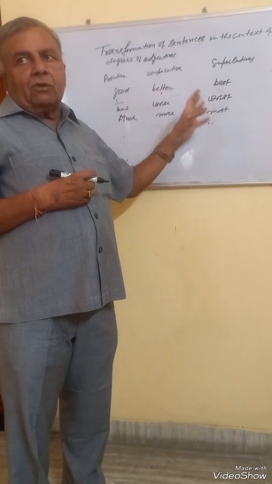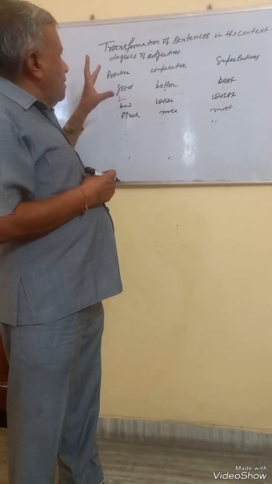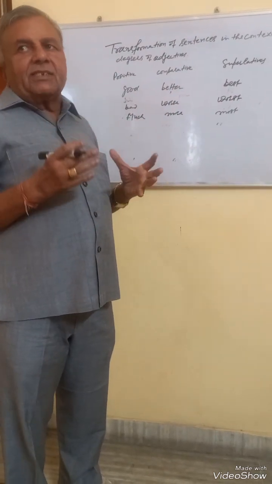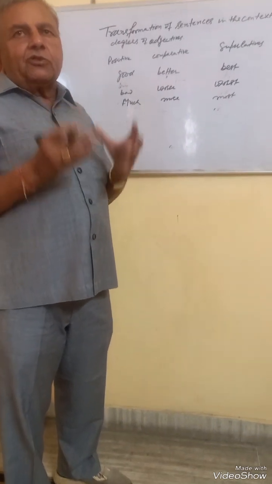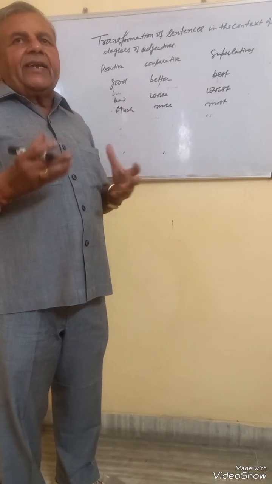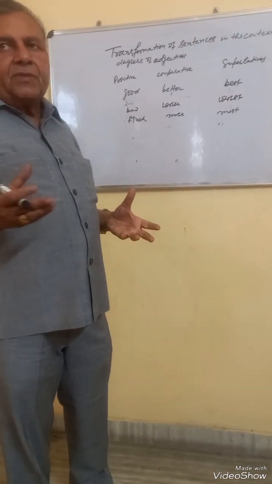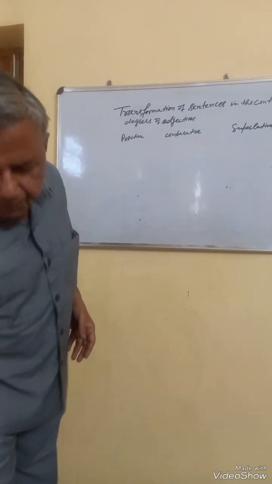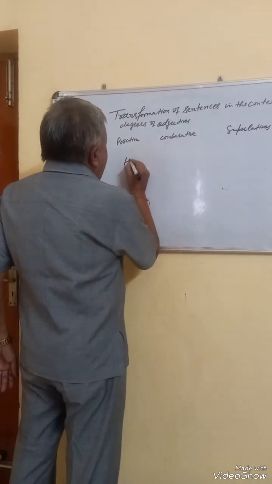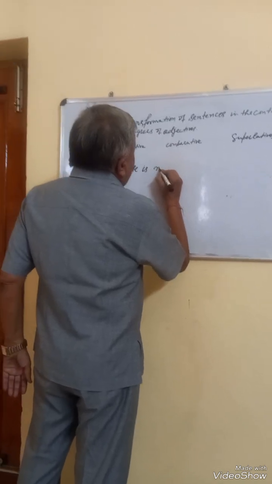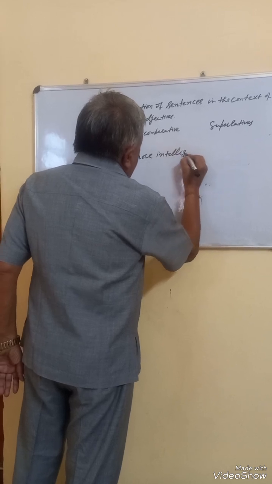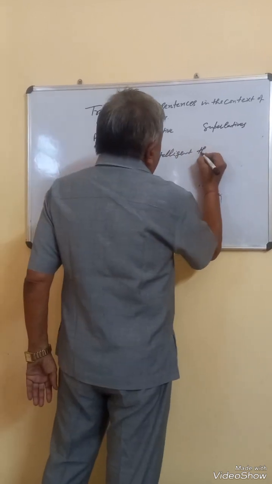This is what we are going to learn today, though the positive degree means when there is no comparison. But when we transform the sentence in such a way that even by using positive or comparative degree, any kind of comparison is possible. For instance, he is more intelligent than his friend.